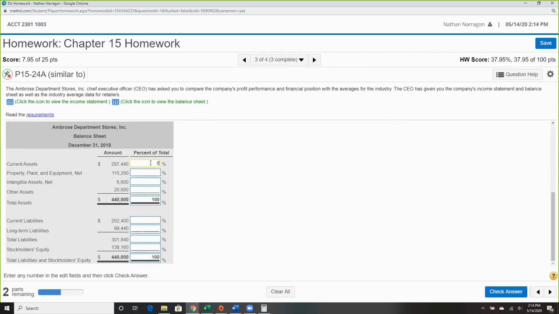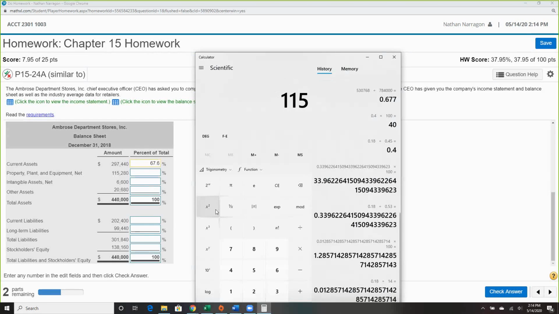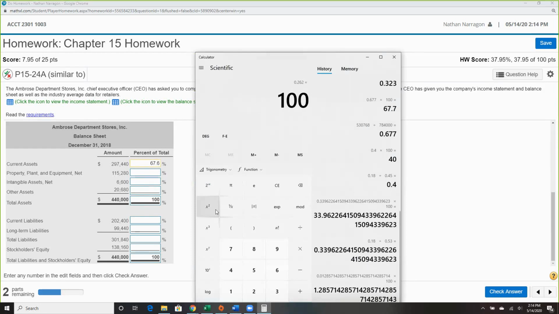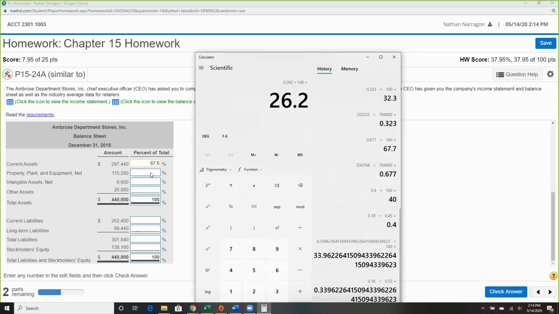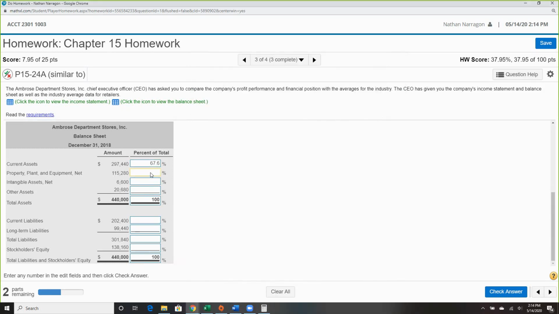67.6%. It's just our current assets. About 26.2% is our fixed assets.